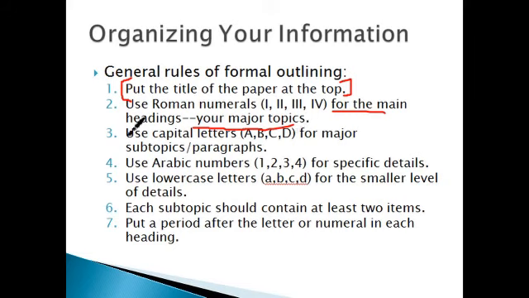You will use capital letters for all of the paragraphs you plan to write, and then Arabic numbers for the specific details that go under those paragraphs. Remember, you need to have at least 2 subtopics for each paragraph, at least a 1 and a 2 for each paragraph. And then finally, don't forget to put periods after each heading as well.